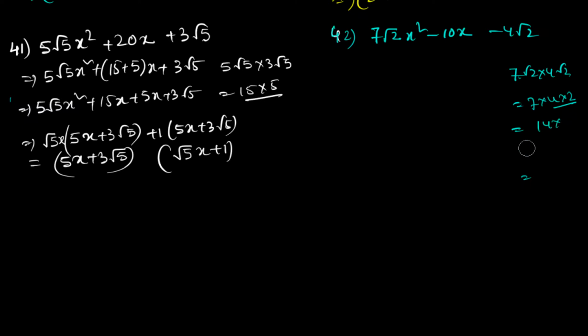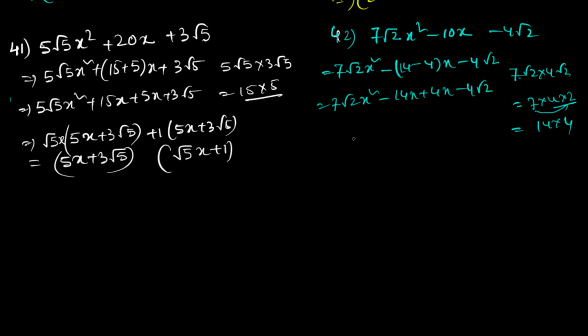14 times 4. 7 root 2 x square plus 4, sorry, minus 14x minus 4x minus 4 root 2. 7 root 2 x square minus 14x plus 4x minus 4 root 2.